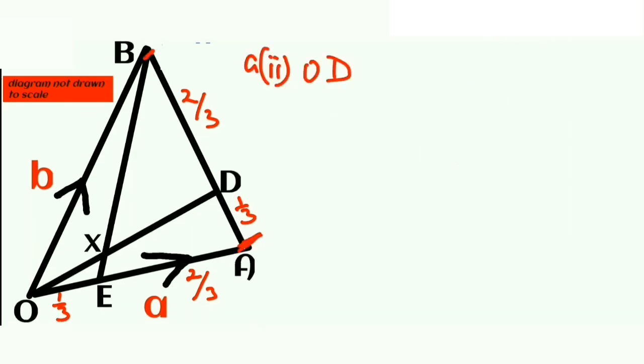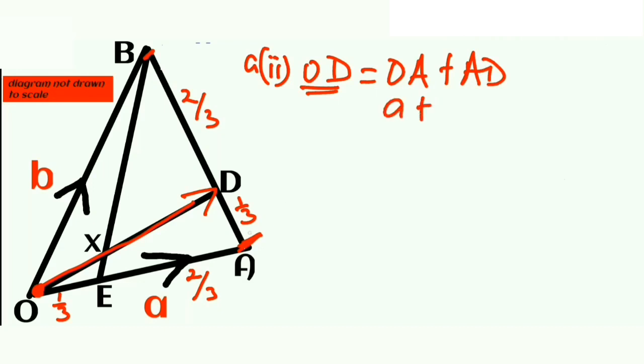Next question, A part 2. Find OD. From O to D equals OA plus AD. OA is A, plus AD is 1/3 of AB.